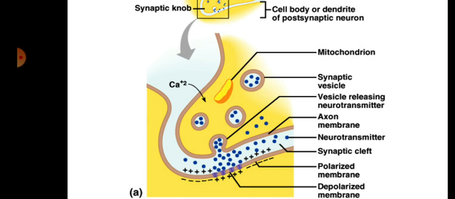The neurotransmitter is depicted by blue circles, and in the synaptic cleft, the polarization and the depolarization of the nerve membrane takes place.